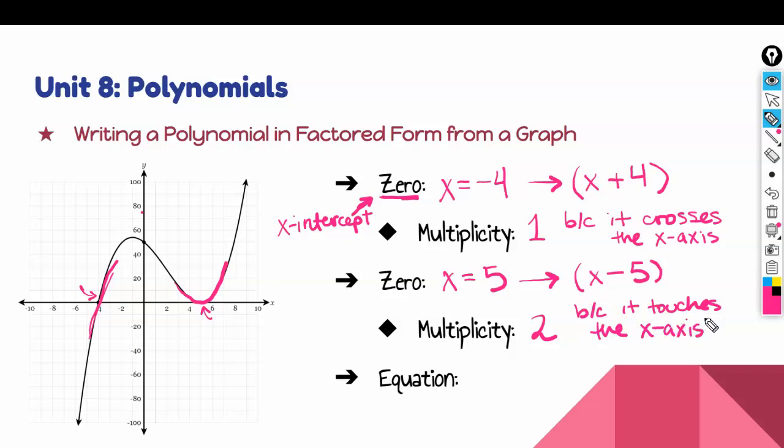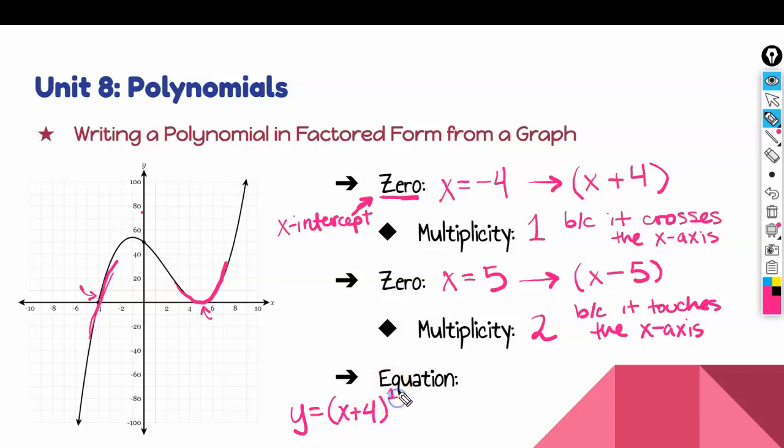Okay, and so when I write my equation, this is what's going to happen. Y equals, as always. Then I've got my first 0, x plus 4. And since it's a multiplicity of 1, I don't have to put a power.